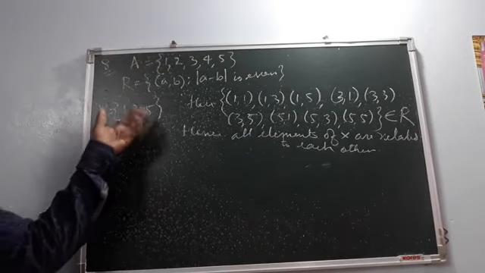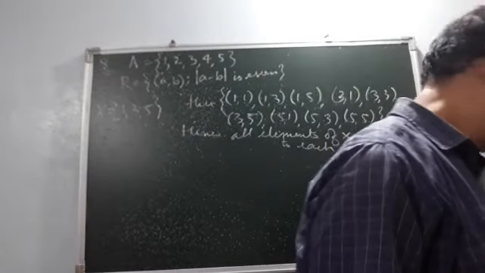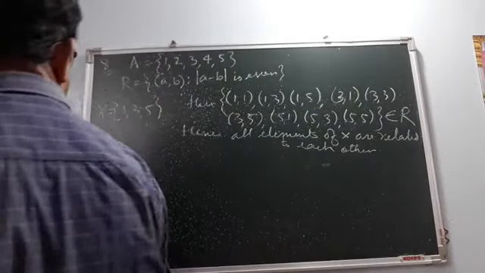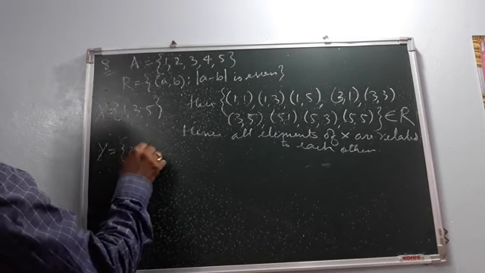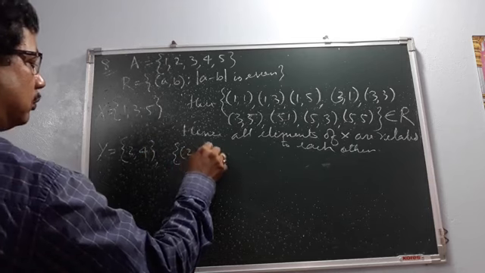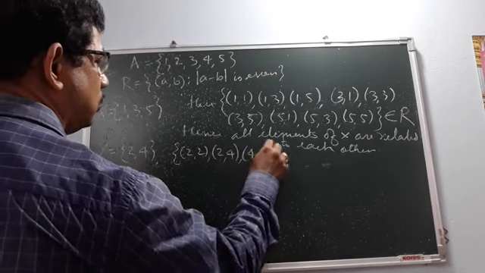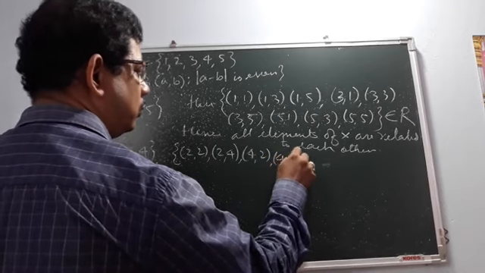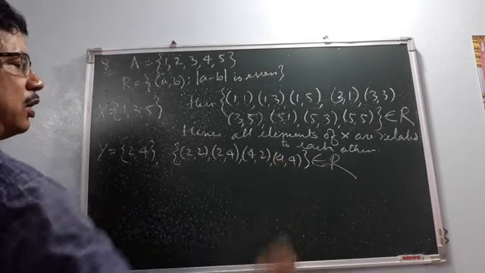Now similarly they have given another part, that is {2, 4}. Whether these elements are related to each other. Why? If I take 2 comma 4, you will find that (2, 2), (2, 4), (4, 2), (4, 4). These are also belongs to R. This is the Cartesian product I have written.